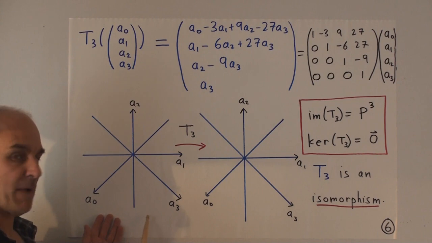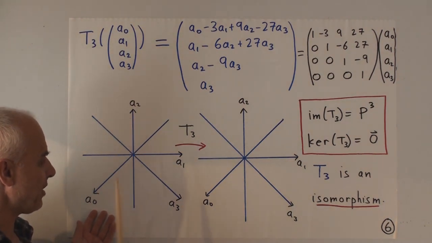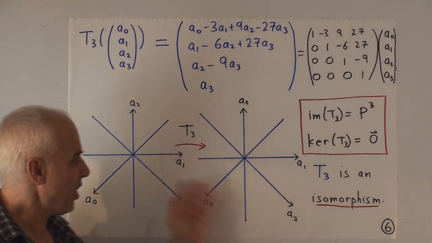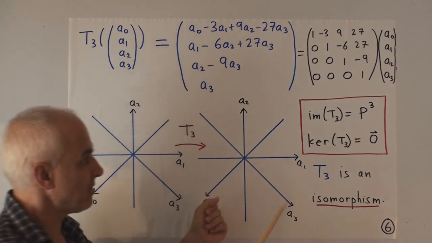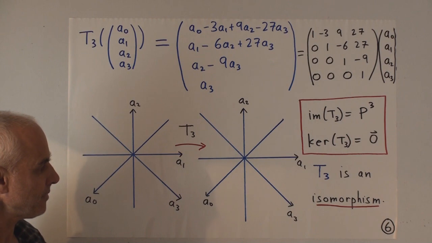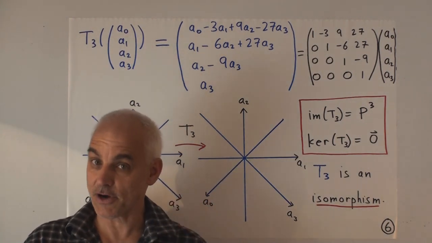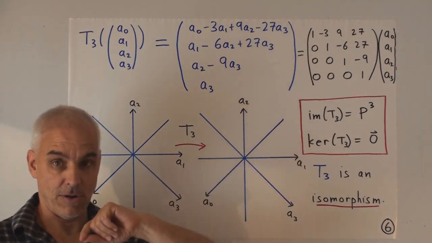Here's our four-dimensional space of polynomials with axes in the a0, a1, a2, a3 directions. Here's the same space. Our linear transformation is doing something to this space, just multiplying by that matrix. When we have a transformation like this, what are the first things that we ask ourselves? We ask, what is the image? What is the kernel?